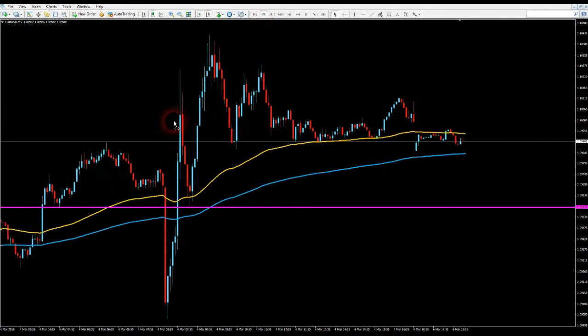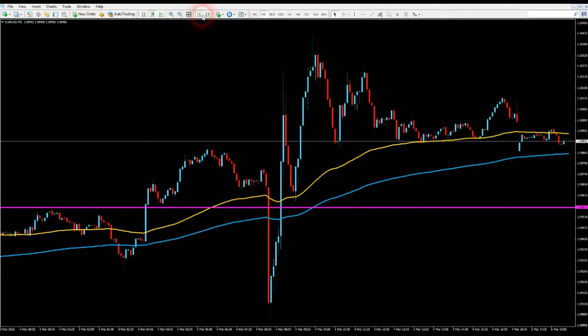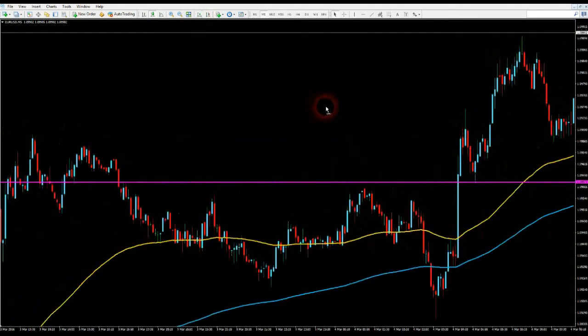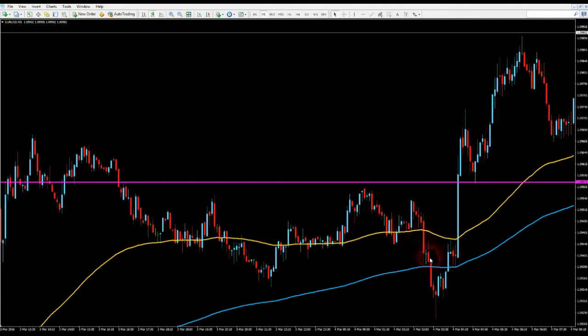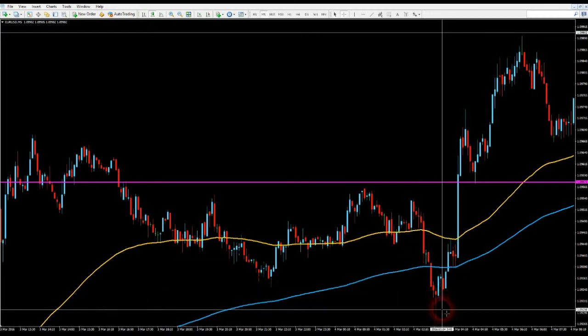Now this becomes obvious when you go to a lower time frame, and you will see that in this area price got very close to the moving average and then it crossed it.